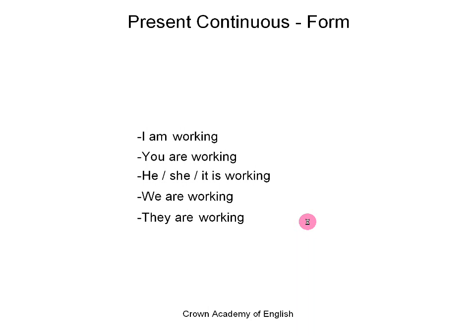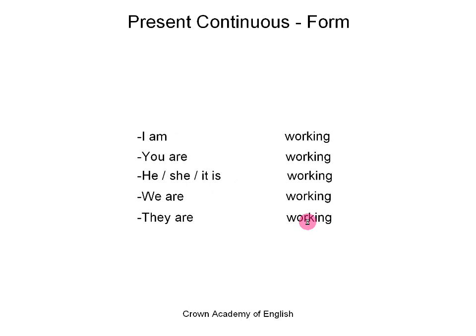And as you can see, there is a pattern to the structure. Can you see it? Well, let's have a close look. Let's have a detailed look. So, there you go. And you can see on the left-hand side, that is in fact the verb to be.